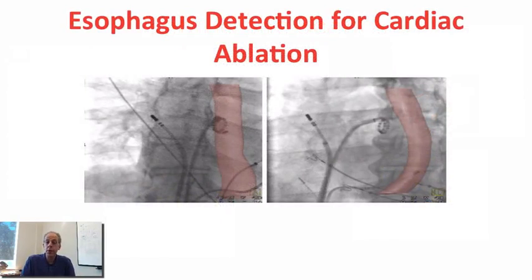Finally, sometimes image processing, as we saw that it can help neurosurgery, can help other kinds of surgery to make them safer. This is a particular application where it's important to understand where the esophagus is. So in cardiac ablation, which is a very common surgery, when it's done, you avoid touching it and maybe damaging it.